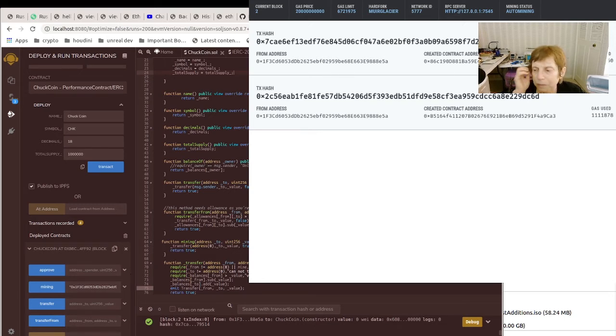Oh, let's look at one of the reference implementations, because this is why you test. I want to see what they have in terms of mining and see if I did something wrong here, which is possible.